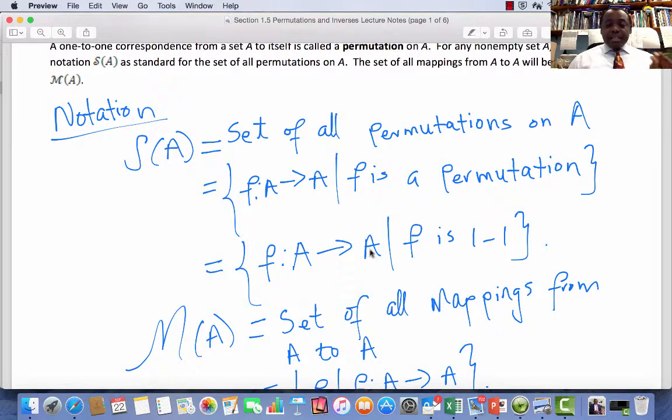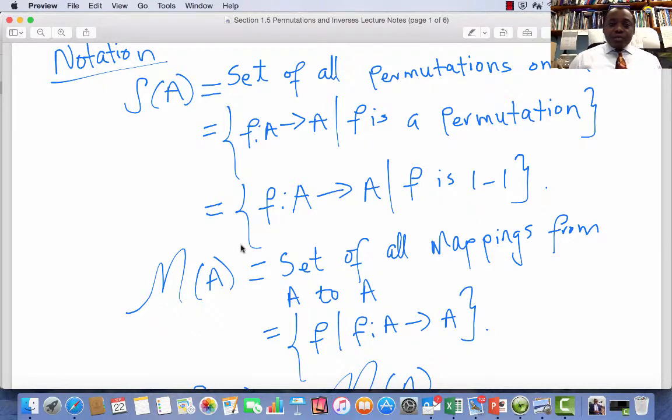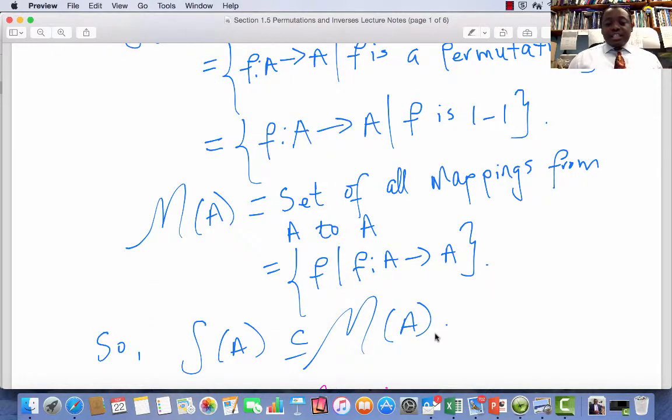And do not forget, F is a mapping from A to A. Now, in general, we use the notation MA to mean the set of all mappings from A to A. So an element F is in MA if and only if F is a mapping from A to A, not necessarily one-to-one. In other words, we can quickly see that the set of all permutations is a subset of MA.